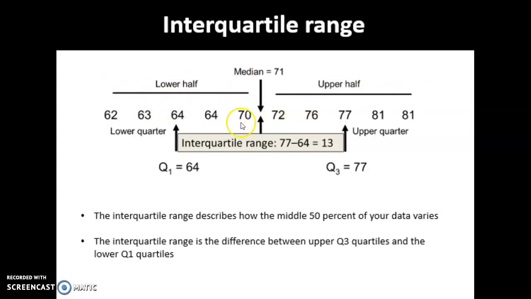So it's got five values this side, five values this side, and you then find the median value for each of these.